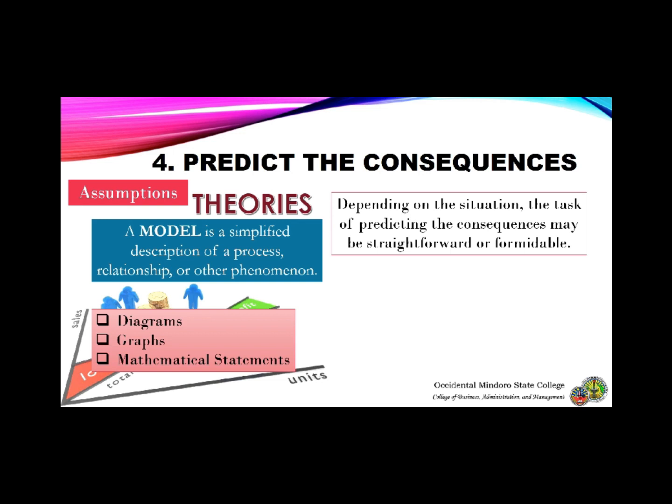The kinds of predictive models are as varied as the decision problems to which they are applied. Many models rest on economic relationships. Suppose the multinational car maker, yan yung example natin kanina, the step 3, predicts a 10% price cut will increase unit sales by 15% in the foreign market.